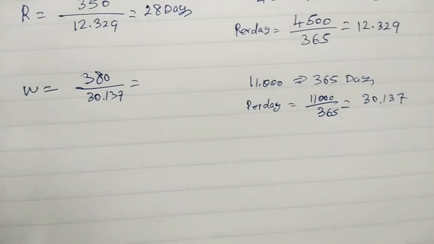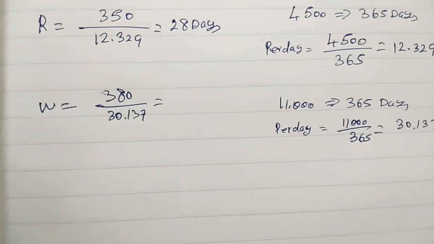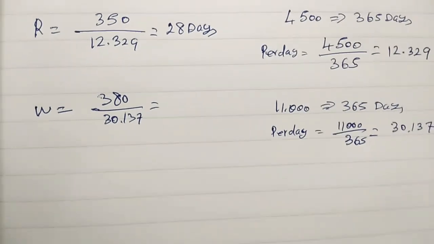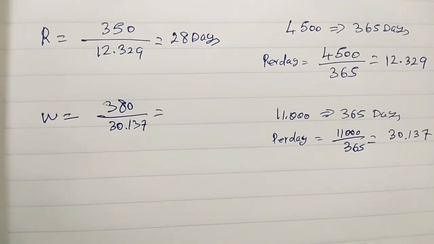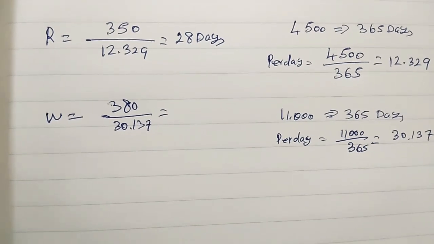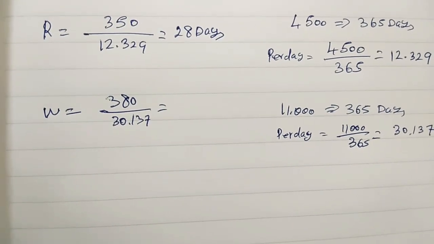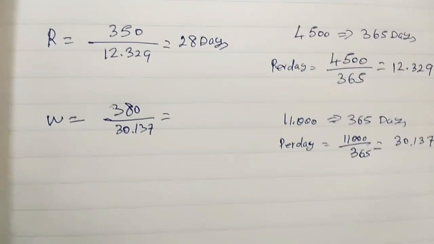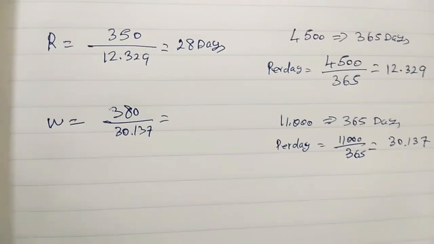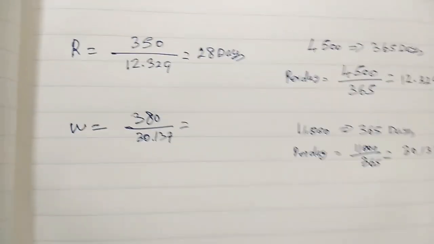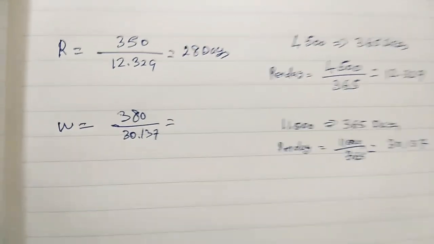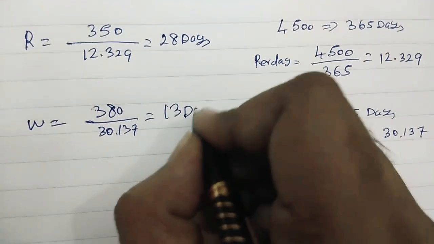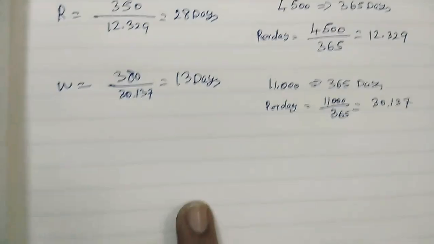Then find the work in progress value. 380 divided by 30.137 is 12.609. So 12.6, approximately 13 days. So work in progress took 13 days.